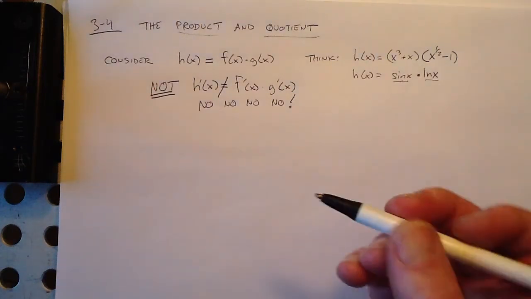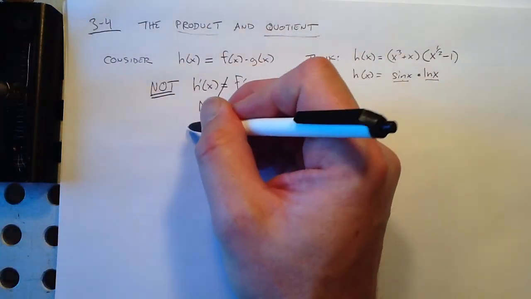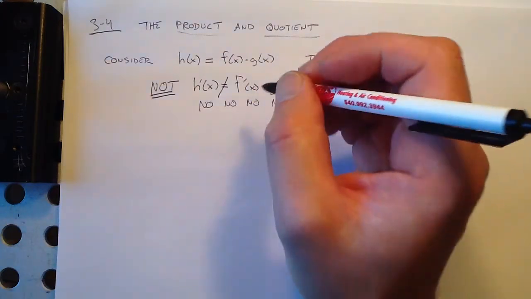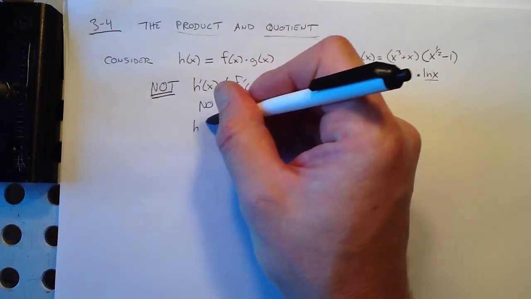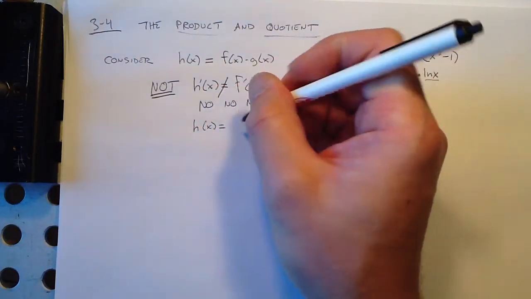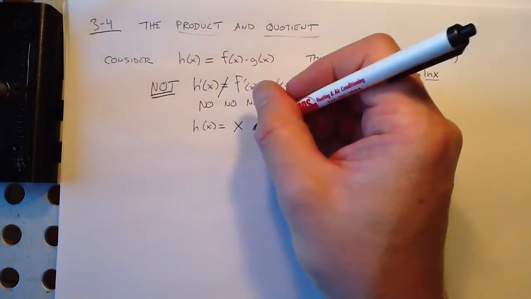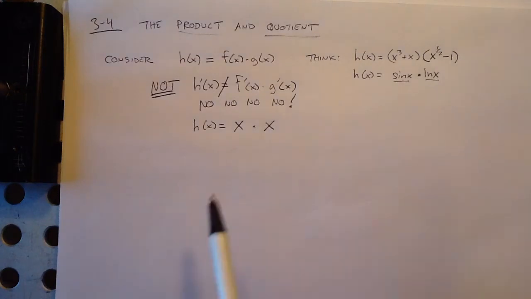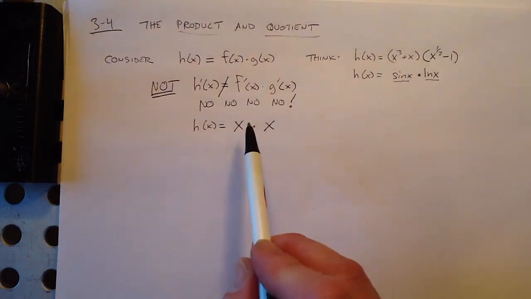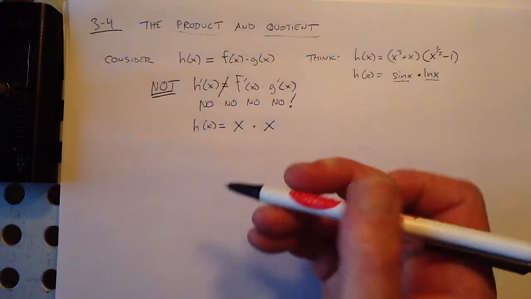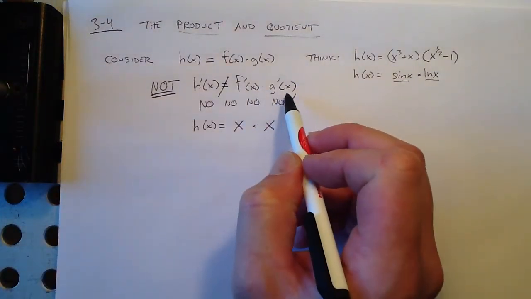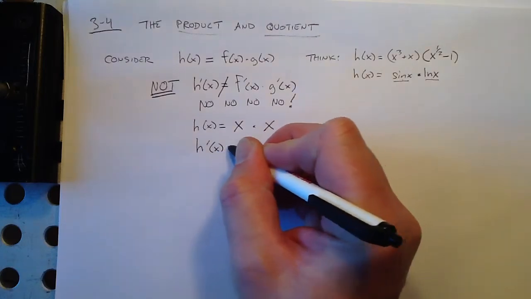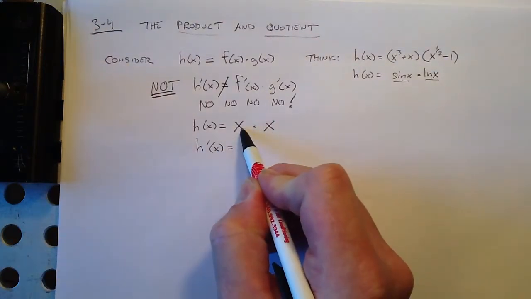And I think it's really easy to see why it's not. If we said, here's a real simple example, if f of x, let's say the h of x function, was the product of x times x, right? That's a very trivial example. And you think, well, why wouldn't you write x squared? Well, let's just say we happen to write it like that. Then if this worked, which it doesn't, would say that the derivative of that is equal to, what's the derivative of just x?